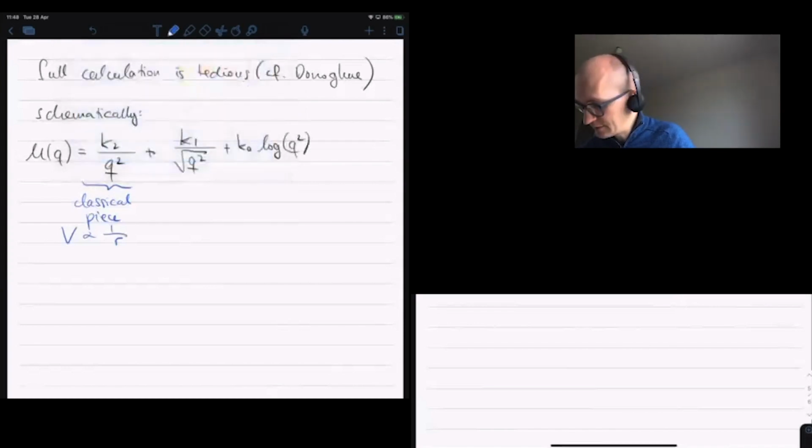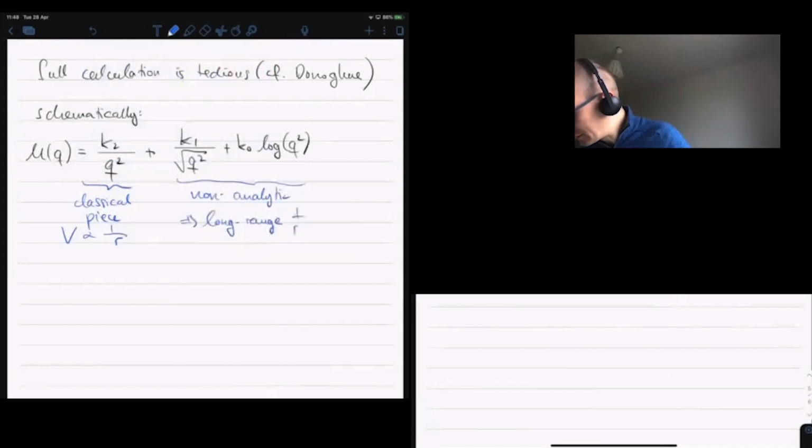These are things which are, as you see, non-analytic in q squared, and they lead to long-range forces or long-range modifications. So they go like 1 over r to some power, which will typically be a higher power than this, but nevertheless 1 over r to some power.